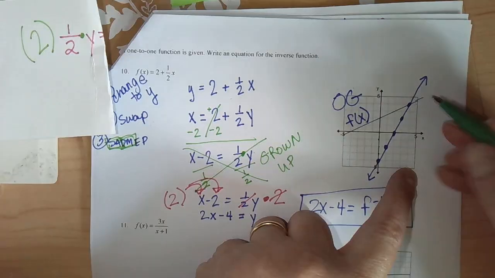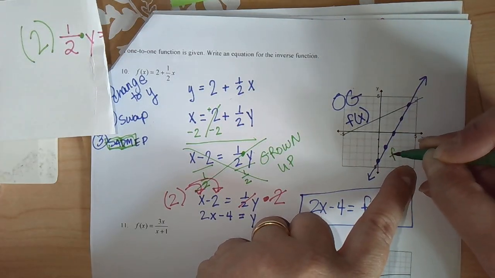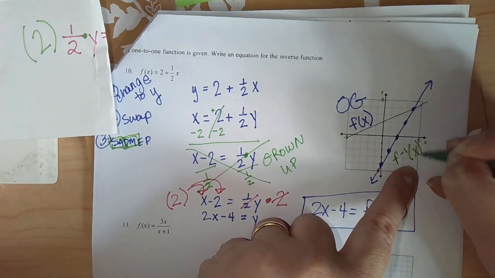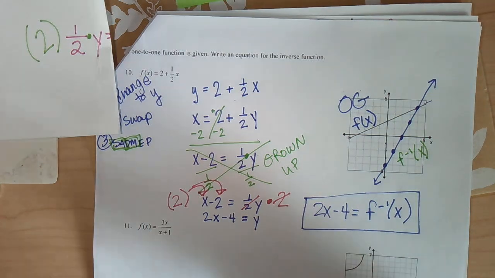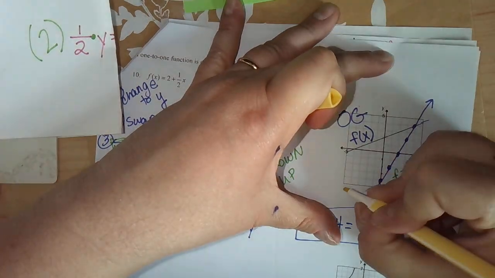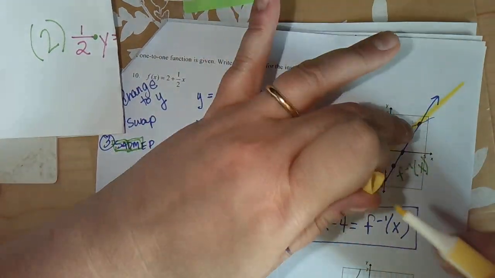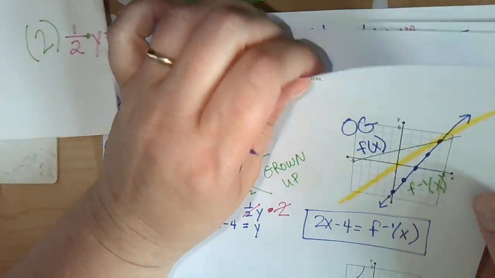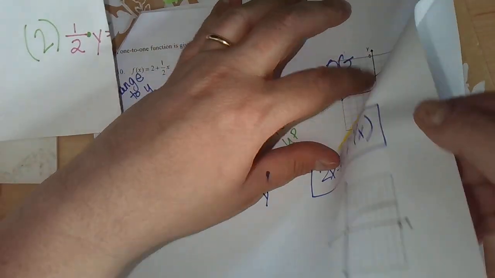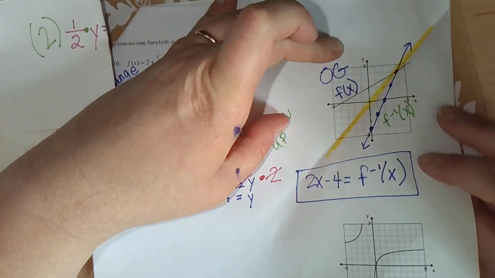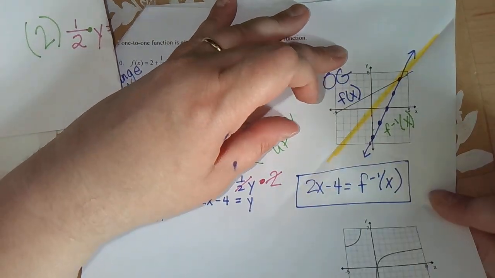And then this blue one is the inverse. What's special about those two is they are a reflection over this diagonal yellow line that I just drew. It's a special type of reflection that comes in handy later in math.